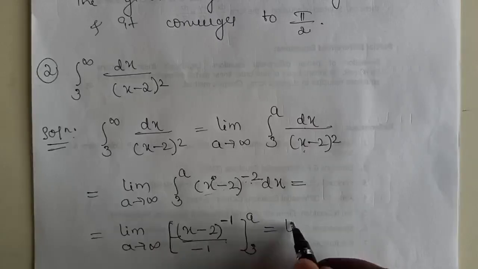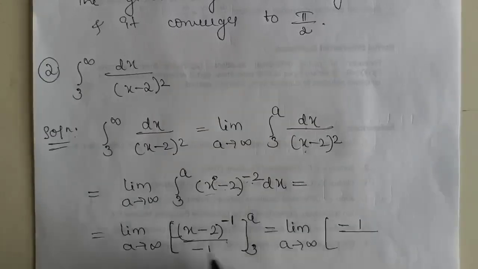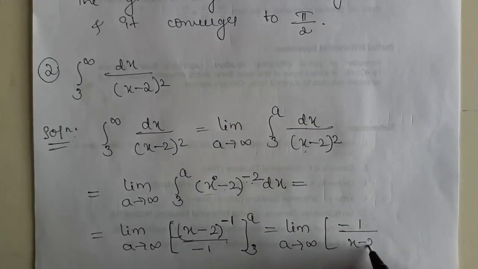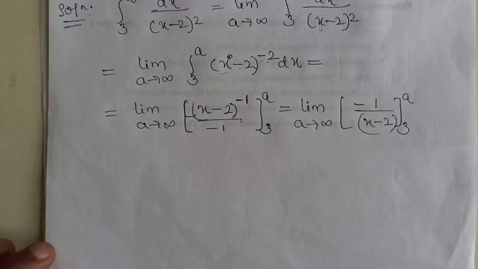Further simplifying, this can be written as minus 1 divided by (x minus 2) power 1, from 3 to a.